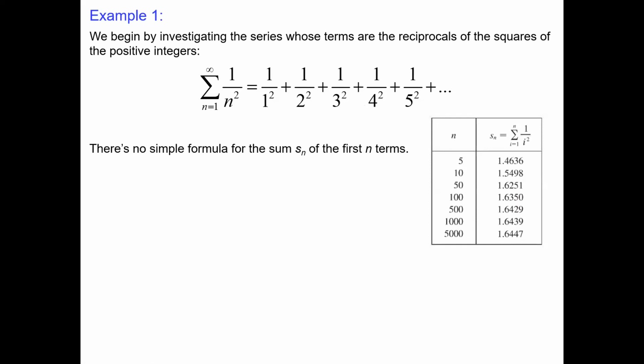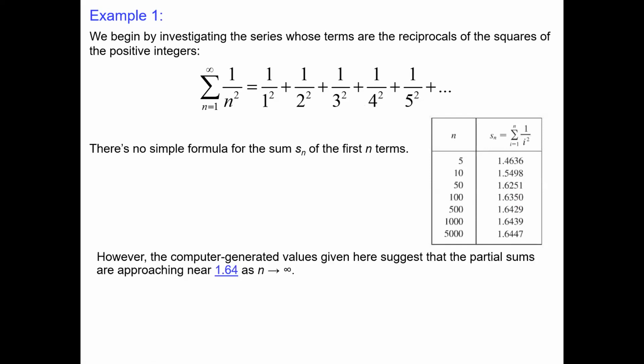This is just numerical; we will do the proper investigation. But that's what we can say in general. This series is definitely convergent: as n goes to infinity, the partial sum is approaching about 1.64.